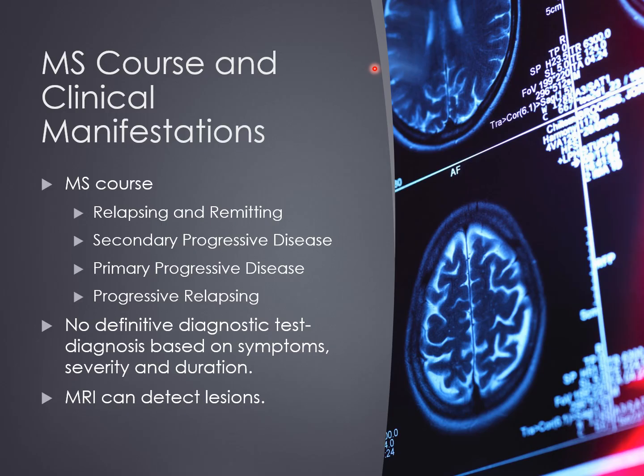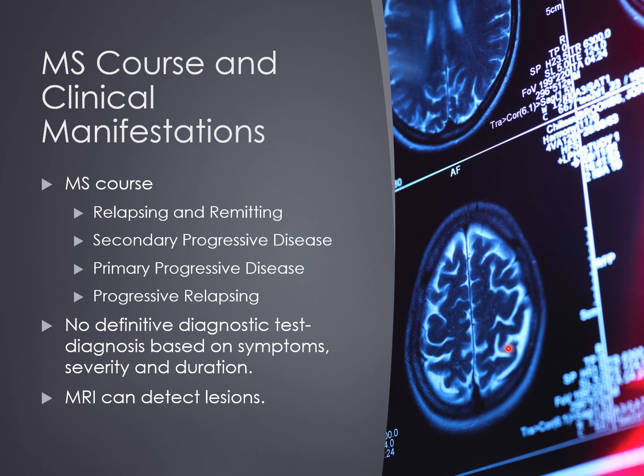In secondary progressive disease, this involves gradual neurological deterioration with or without superimposed acute relapses. We often see this in a person who previously had maybe relapsing and remitting disease. And so this is when there's no longer, again, kind of those symptom-free relapses.